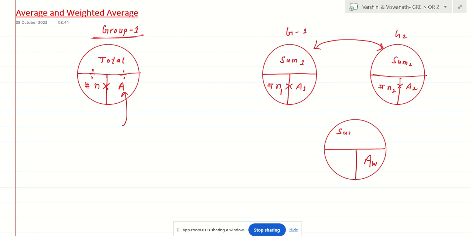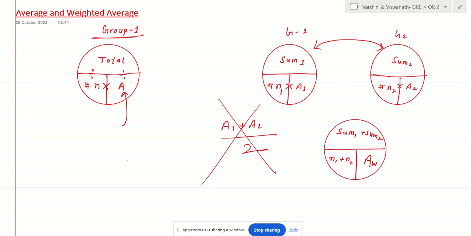Sum 1 plus sum 2, divided by n1 plus n2. That is the weighted average. Weighted average does not mean (a1 + a2) divided by 2. That is wrong. Many beginners think this way. That is wrong. Weighted average means total summation.